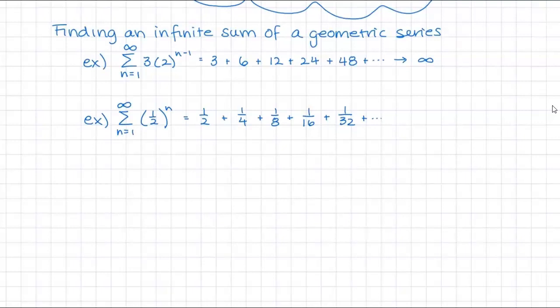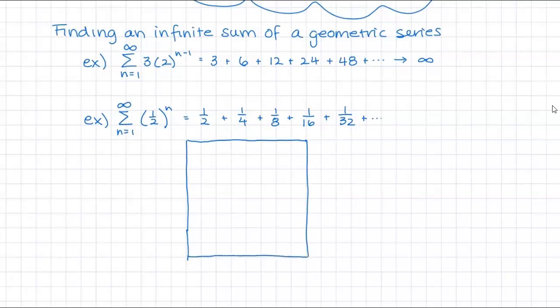This is a nice one you can see visually. Imagine a square. And I'm going to represent this sum, since they're all fractions, I'm just going to keep shading in fractions of the square.